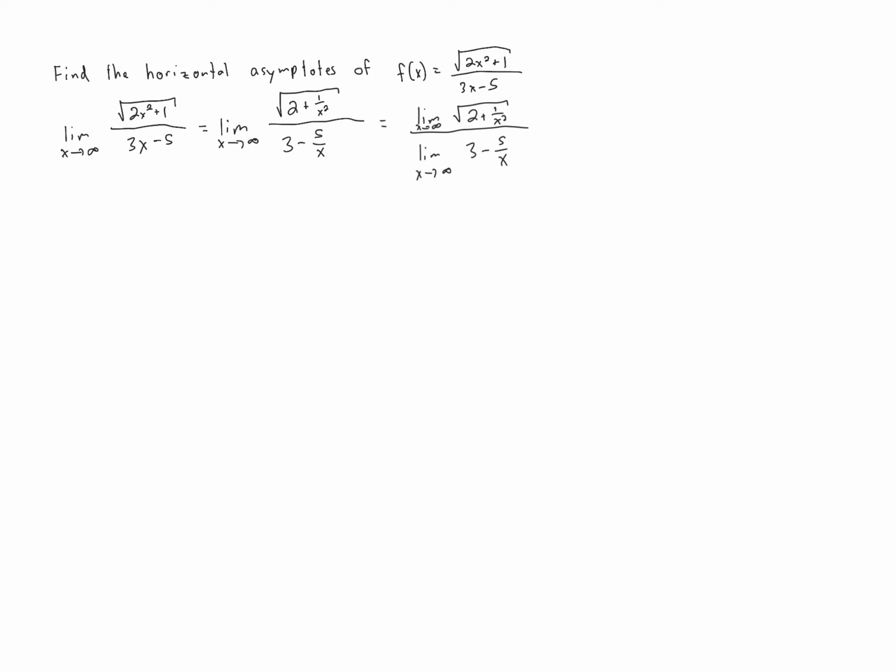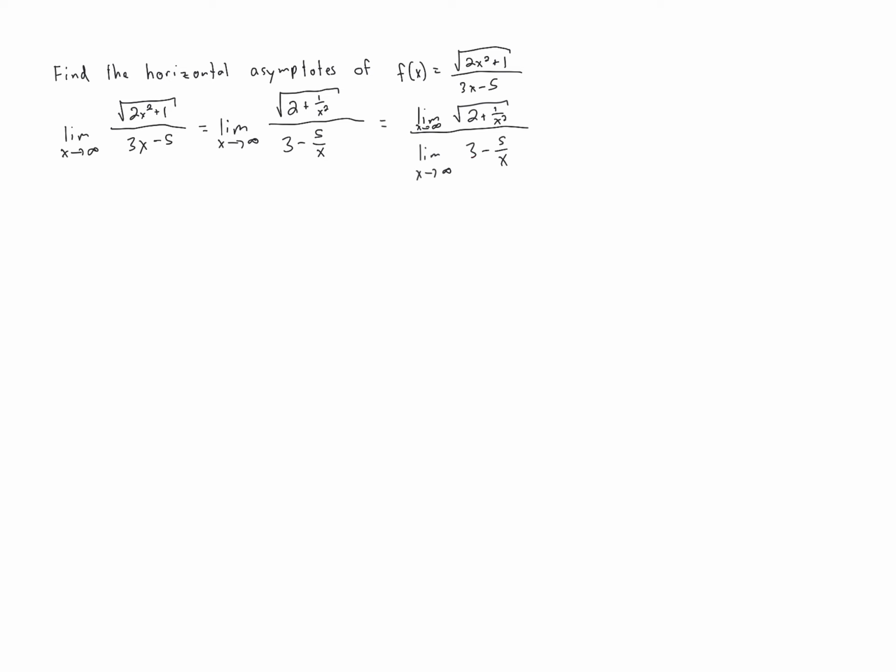Now we know that we can bring the limit inside that radical. That is another one of the limit laws that we have. And we also can then split up the limit of the sum into the sum of the limits. We can take the limit of each of these terms individually. Same with the terms in the denominator.